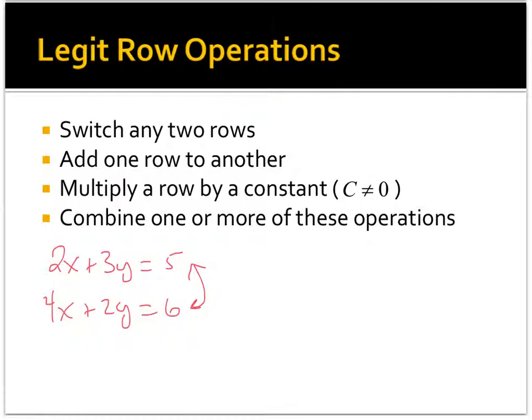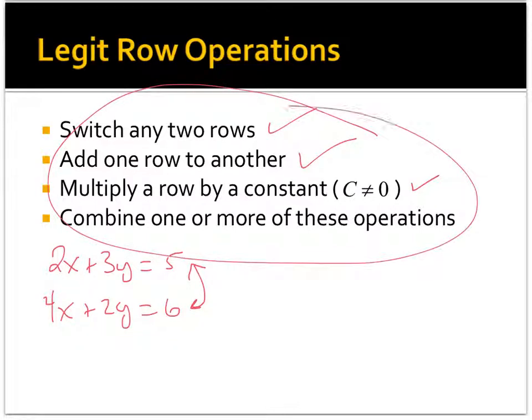We can add one row to another, which means I can take two rows and add them together. We'll talk about it as I go through it. I can multiply any row by a constant other than 0. And I can put all these different operations together as long as I'm following order of operations. These are all the little things we can do to manipulate these problems.